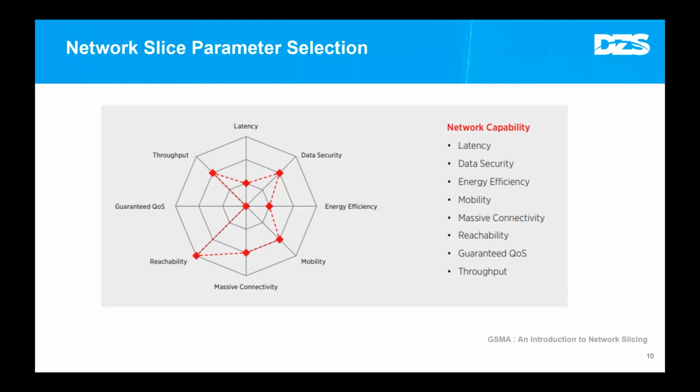In this radial plot here, you have kind of the sense of, for any given slice, such as those three cases that we talked about before, you might optimize or increase or decrease the preference or the resources or the level of capabilities in each one of these areas to really optimize the overall performance of the network for those types of services or user classes.